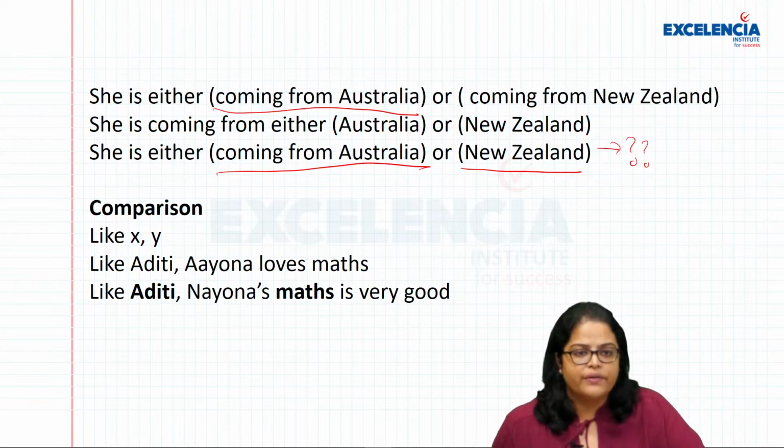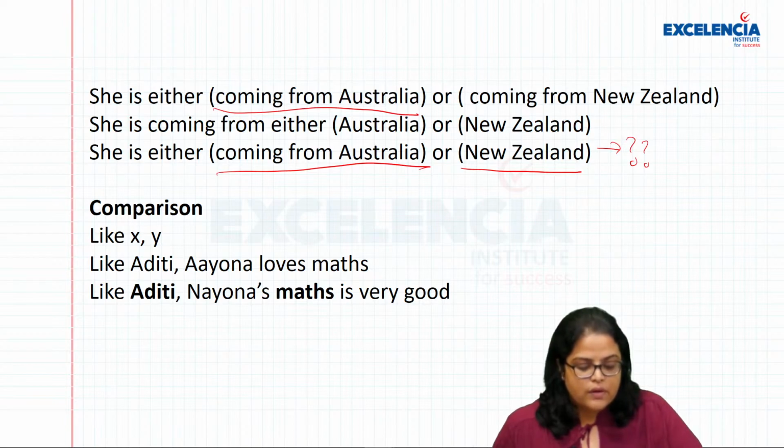Is that right or wrong? It's wrong. How would you correct this, and why is this wrong? She's coming from either Australia or New Zealand. Correct.